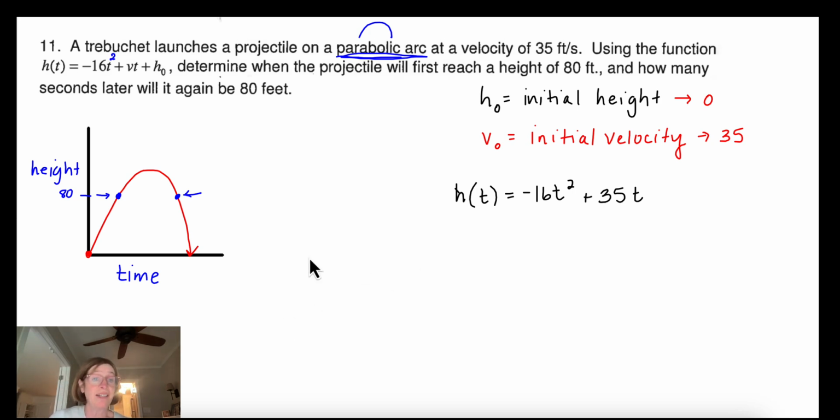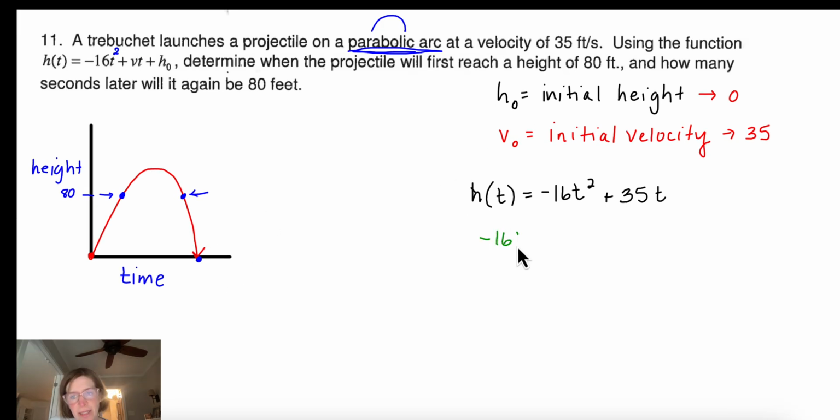So instead of setting it equal to 0, like when it hits the ground, here we set it equal to 80, and negative 16 t squared plus 35t equals 80. All right, so now I have a quadratic equation. I know that because the highest exponent is a 2, so I need to get it set equal to 0.